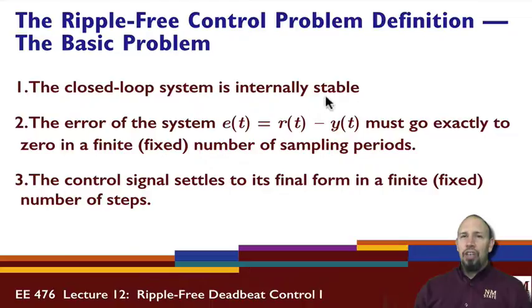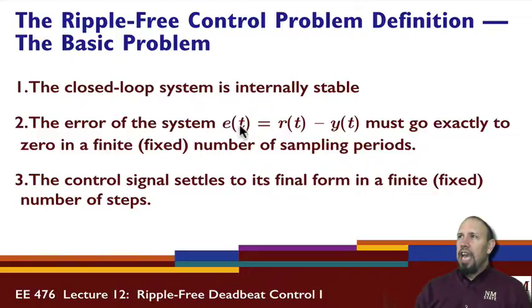That is, there are signals that may be blowing up in the system, and so that's not good. So that's the first property. And we're going to look specifically in detail at why the ripple-free deadbeat controller is able to satisfy these conditions. Other design techniques cannot satisfy these conditions.